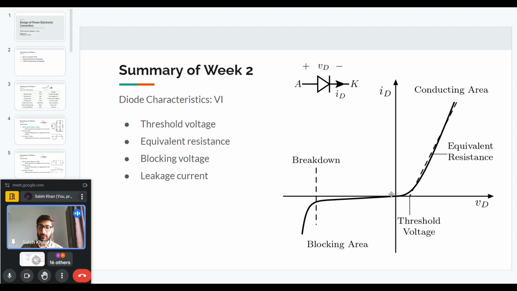But if we increase the reverse voltage that we apply to the diode, a time will come at a certain voltage when the diode will break down. So that is the breakdown voltage or the maximum blocking voltage that the diode can handle. And we are not supposed to go beyond this breakdown voltage. So this is about the diode VI characteristics.